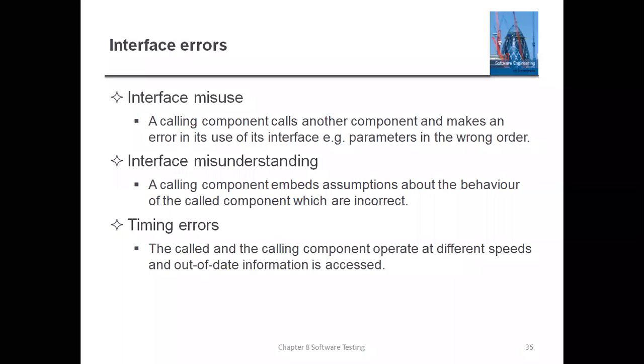The next one is interface misunderstanding. What happens in interface misunderstanding? Suppose you have one component embedded within another component. Inside that component, if you have given a button and you click on it, then one more window will open or one more activity will start. That is known as an embedded system.